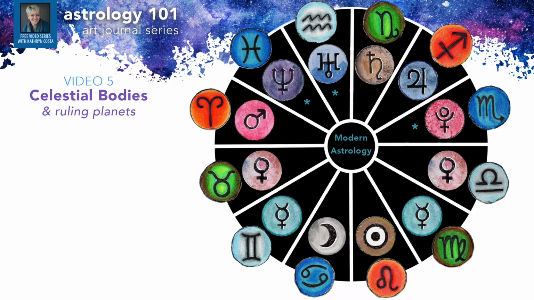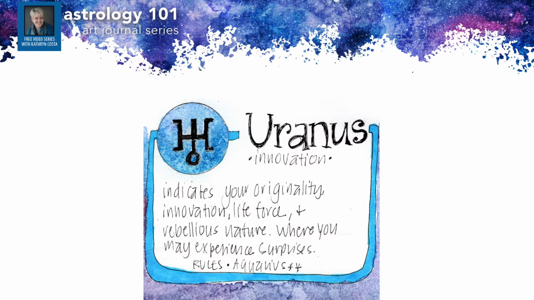And there were some other discoveries since the ancients identified the first 5 planets. The 3 were Neptune, Uranus, and Pluto, which, as you can see in this chart, with their little asterisks, little stars, indicate where those show up in the chart. The planet Uranus is about innovation, and it indicates your originality, life force, and rebellious nature.